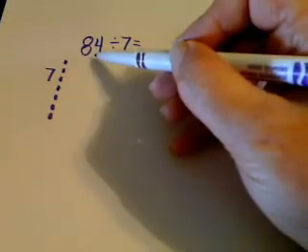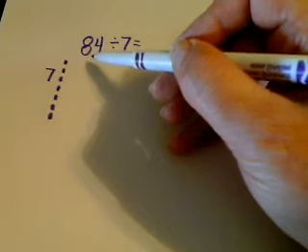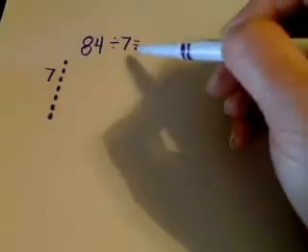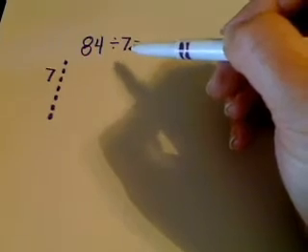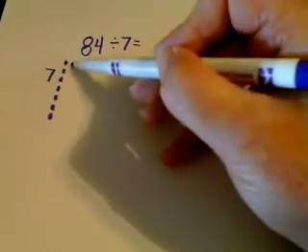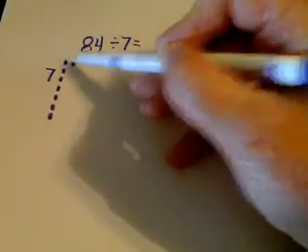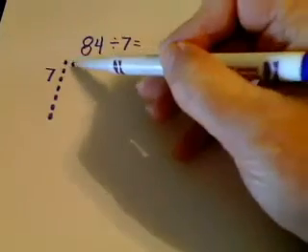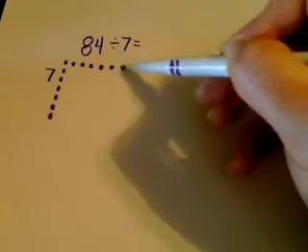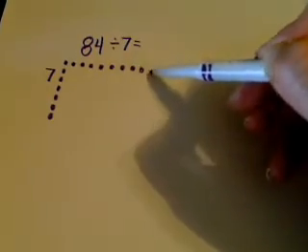And 84 is really big, so I know it's going to take quite a few 7s. In fact, if I think ahead, I think it's going to take at least 10 7s, because of the 8 in the tens. So I know that I'm going to go over at least 10. 1, 2, 3, 4, 5, 6, 7, 8, 9, 10.